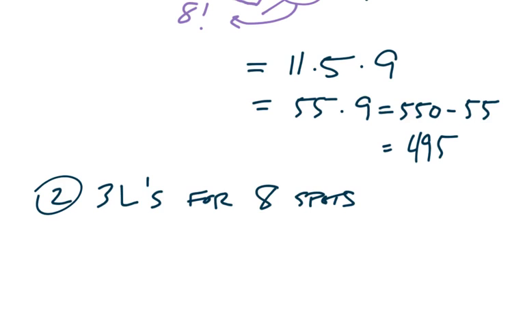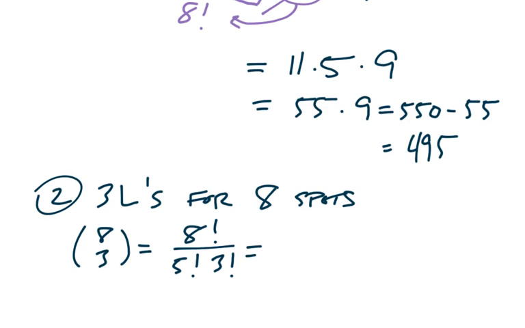All right, and the way we're going to do this is exactly the same. This is going to be 8 choose 3. And this is 8 factorial over 8 minus 3 factorial, which is 5 factorial, over 3 factorial. And now I'm going to make the exact same observation I made in the last part, and realize that 8 factorial is 8 times 7 times 6 times 5 times 4 times 3 times 2 times 1, and 5 times 4 times 3 times 2 times 1 is 5 factorial.